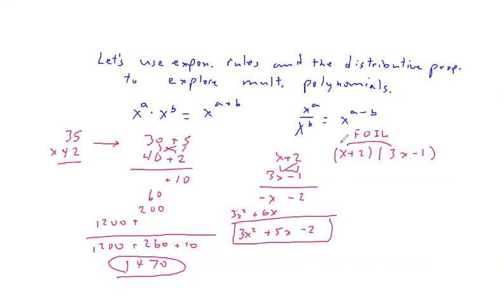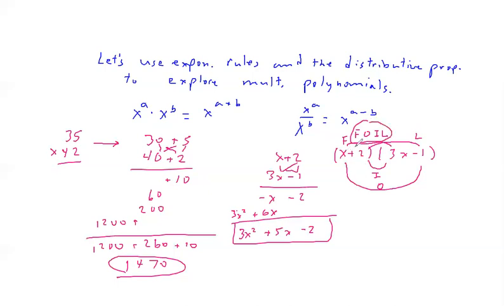So this I'll call the F. This I'll call the L. And this I'll call the I for inner. And this I'll call the O for outer. So I've got the first terms of each. I've got the last terms of each binomial. Then I've got this cross section, the inner and the outer. Put all those together and I get the acronym FOIL.